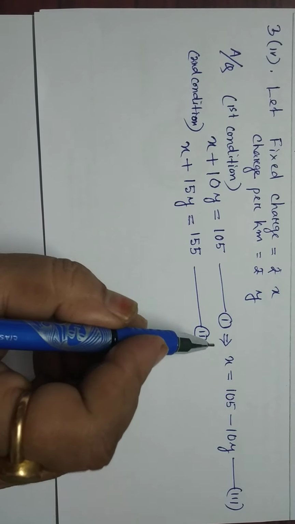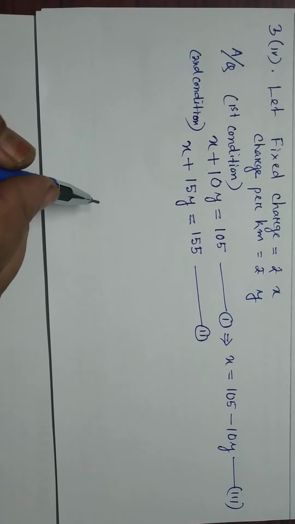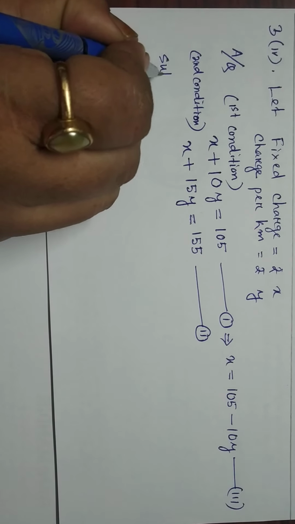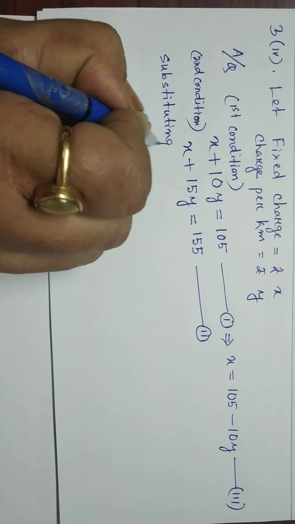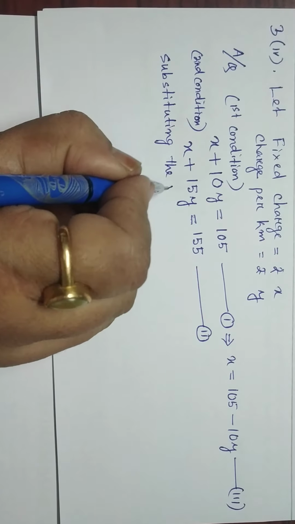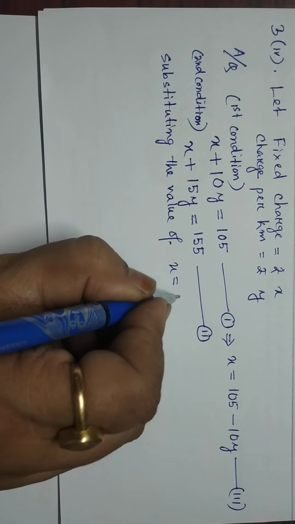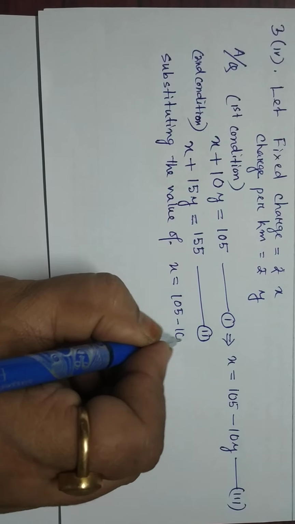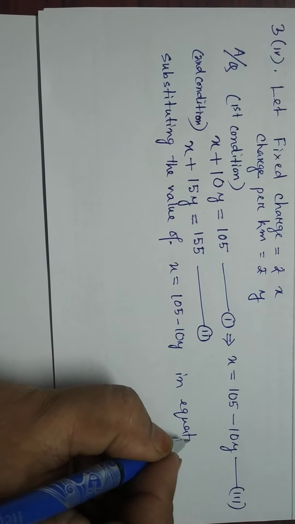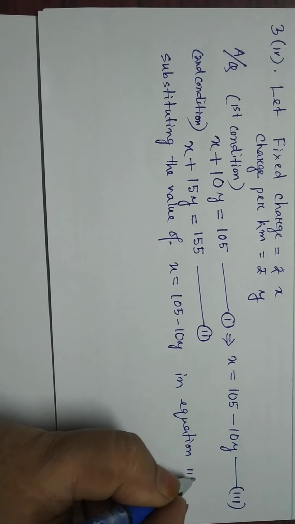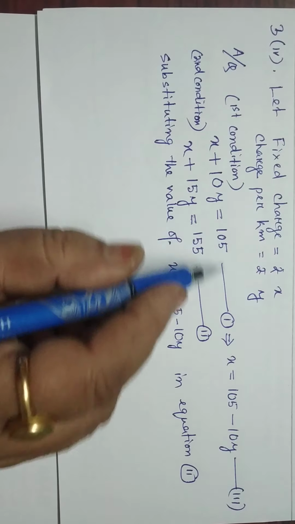Now we substitute this X value in equation number 2. That means substituting the value of X is equal to 105 minus 10Y in equation 2, because the value of X we found from equation number 1.